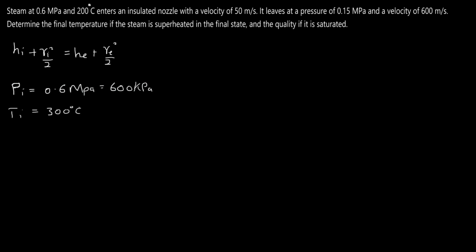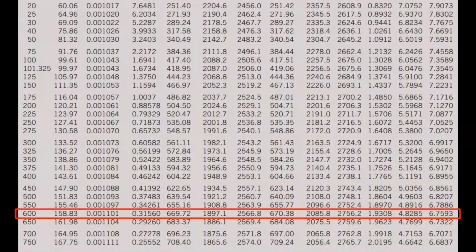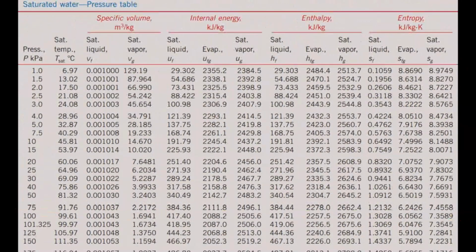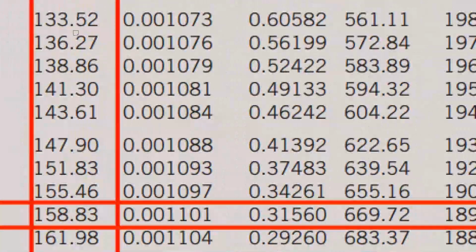So we write our equation for the nozzle, and we can determine the initial enthalpy using steam tables. The pressure at the inlet is 0.6 megapascals or 600 kilopascals, and the inlet temperature is 200 degrees Celsius. From the steam tables, we see here that our inlet temperature of 200 degrees Celsius is higher than the saturation temperature, 158.83 degrees Celsius.